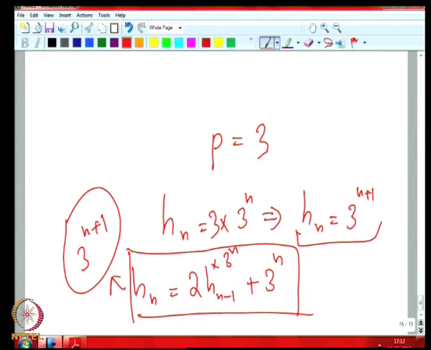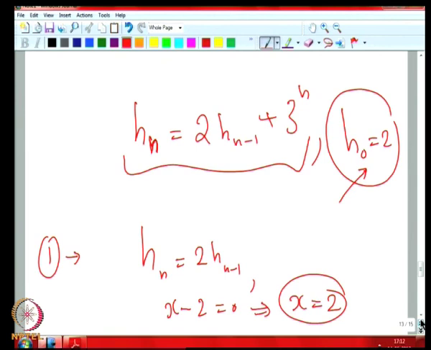So, now we will combine this particular solution. Note that this particular solution works fine with the recurrence relation, but the initial condition will not be met, because the initial condition is again h0 equal to 2.